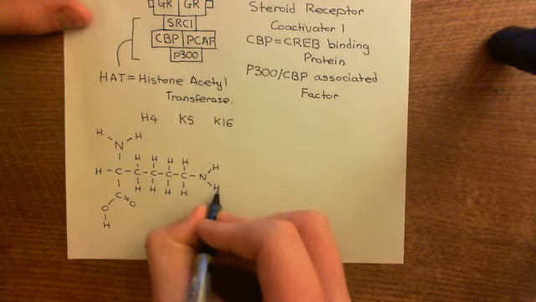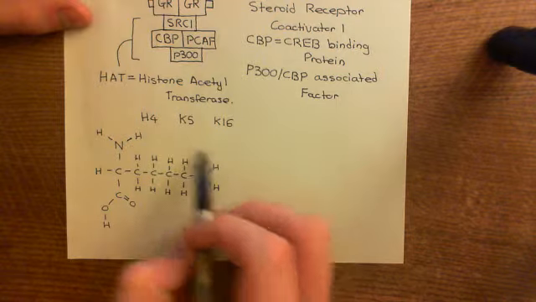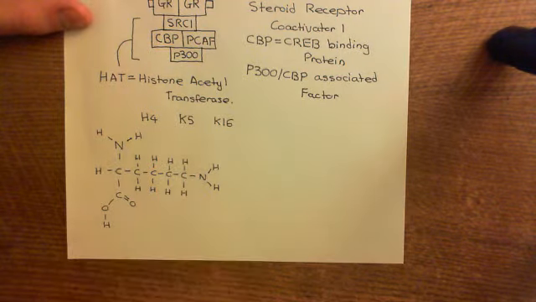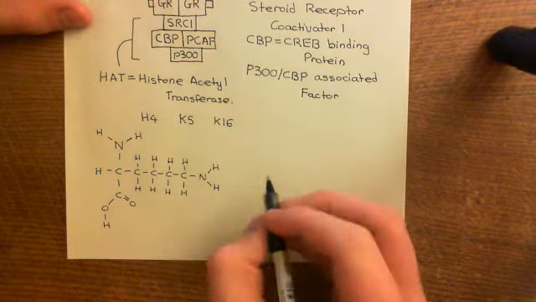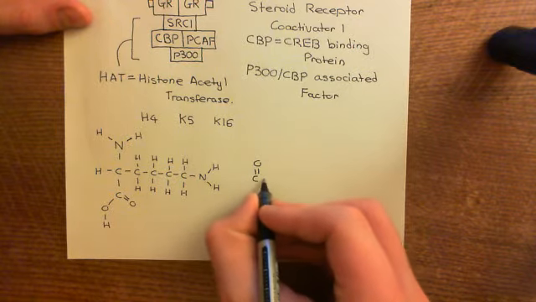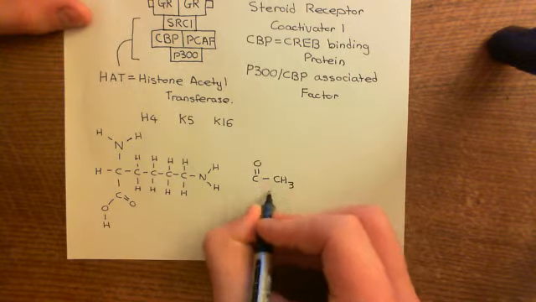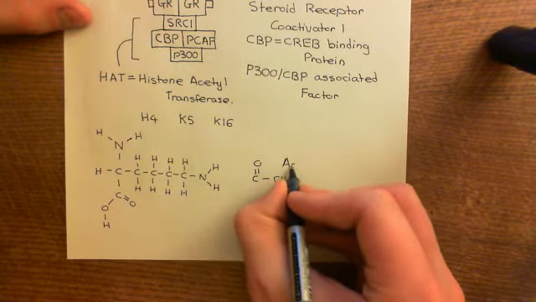Now, if you want to transfer an acetyl group onto these lysine amino acids within the histone 4 protein, you need to take an acetyl group, and this is the structure of an acetyl group. You have a carbonyl group with a methyl group coming off, so this is acetyl.